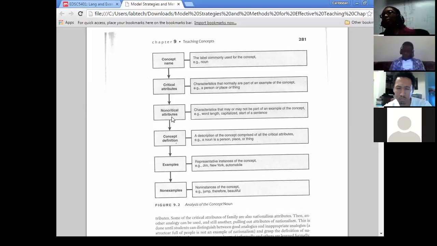And there are some attributes that are non-critical. So let us move away from the chemical bond and look at a simple concept such as a chair. A chair must have something to sit on. It must have a seat. It must have some support.